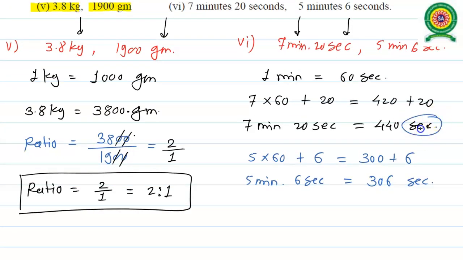Now both quantities have the same unit, seconds, so we can take the ratio of the first quantity, 7 minutes and 20 seconds, which is 440 seconds, divided by 5 minutes and 6 seconds, which is 306 seconds.